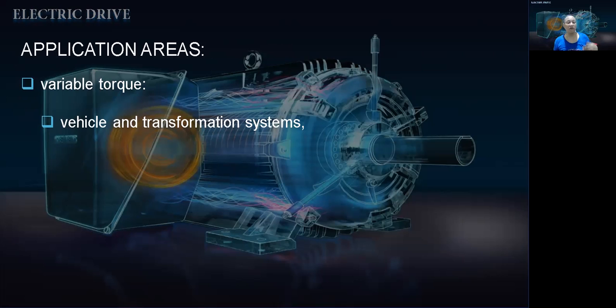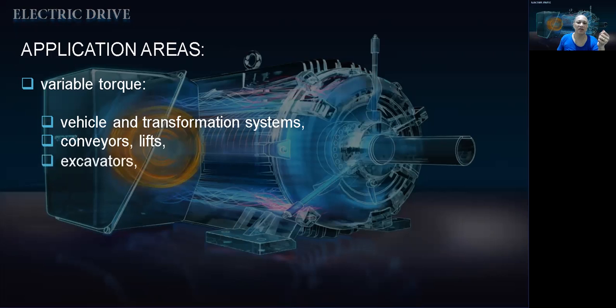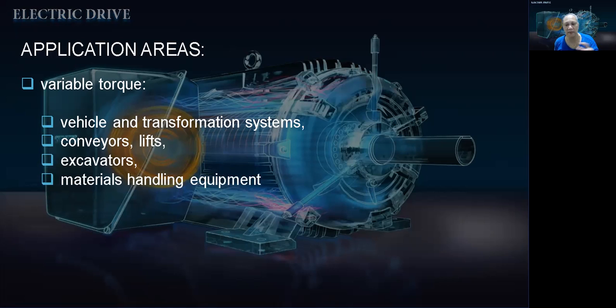How fast you want it, how heavy the load is, then the torque is calculated and applied, the one that is suitable for that. Conveyors, sometimes they move slowly but with high torque. Lifts, like elevators, excavators, and also materials handling equipment. There are many of these.